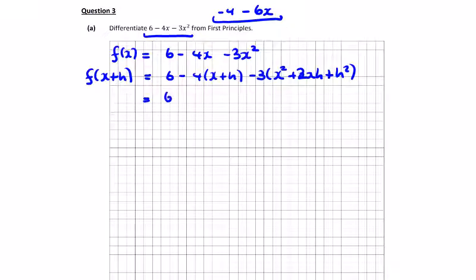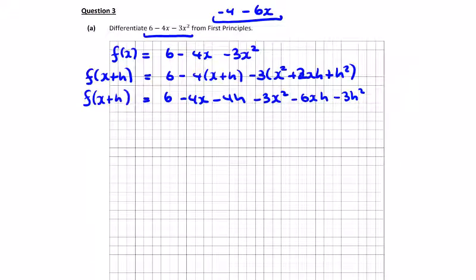Simplifying this, we're going to get 6 minus 4x minus 4h minus 3x squared minus 6xh minus 3h squared. This is f of x plus h.